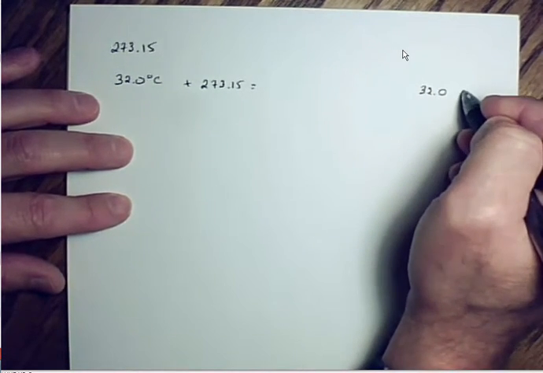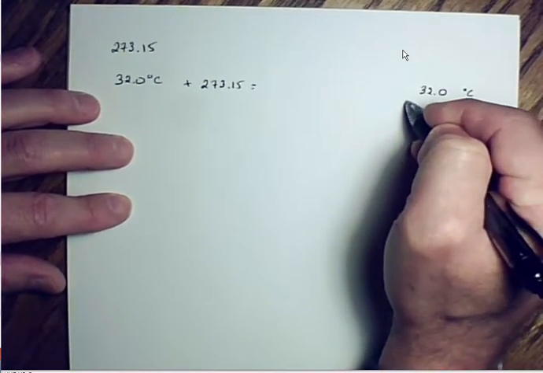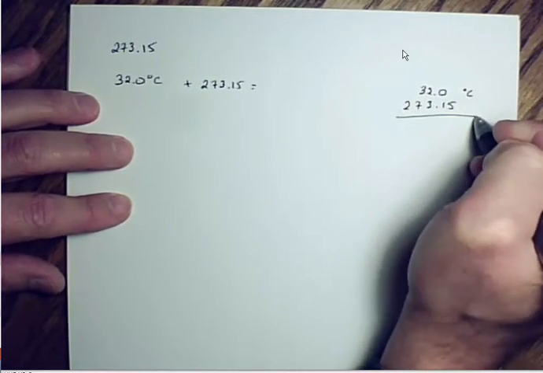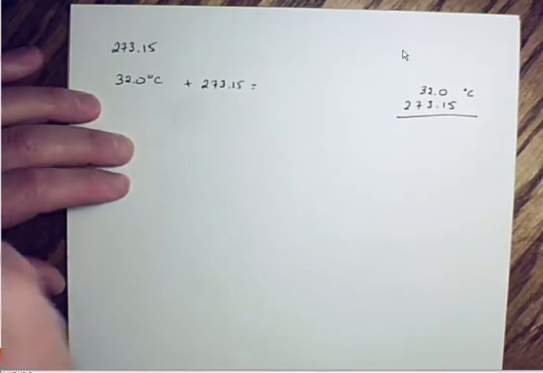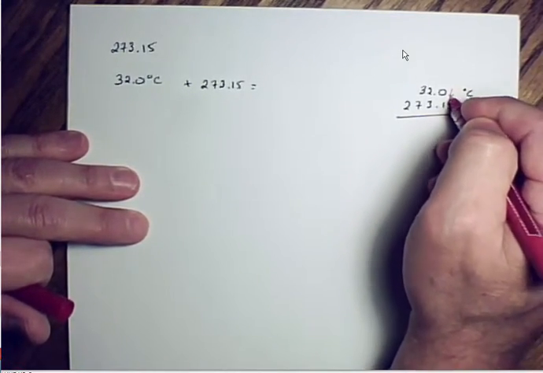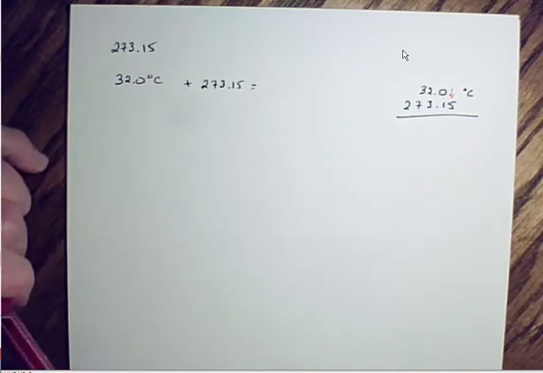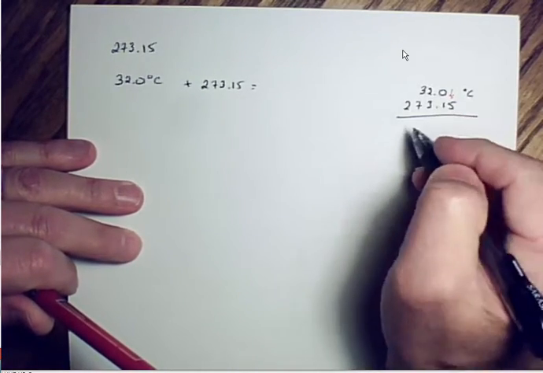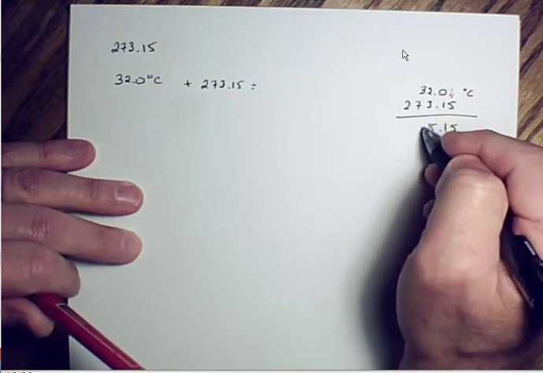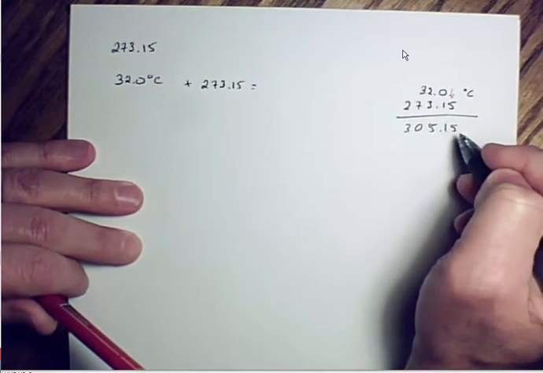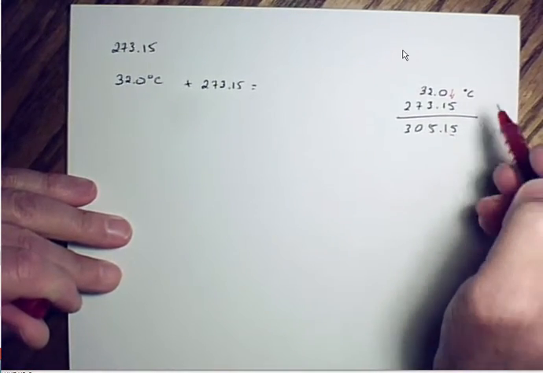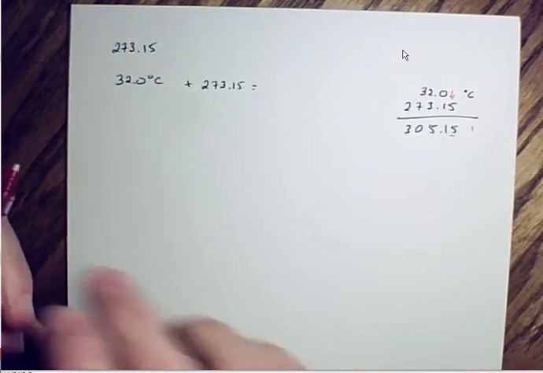So let's take 32.0 degrees C and add 273.15 to it. And by doing it vertically, I can see that I've got an empty slot above the 5. Okay? So when I add these together, I get 305.15, but this last 5 is insignificant.